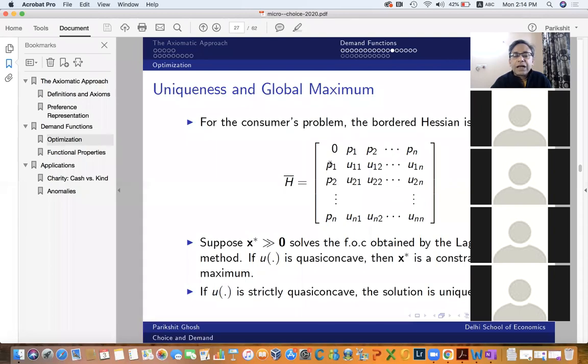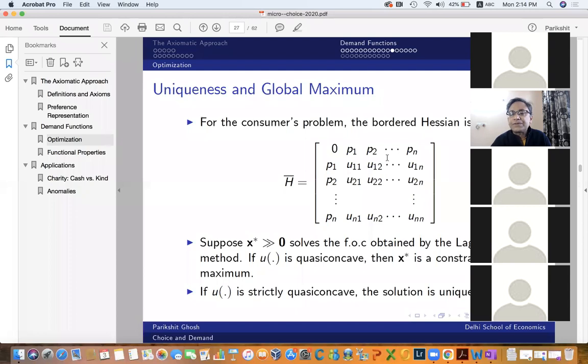Now, since the prices, remember at the first order condition, every price is equal to some constant times the corresponding marginal utility, we can take the constant out and substitute all the prices by the corresponding first derivatives of the utility function, and that should have the same property.